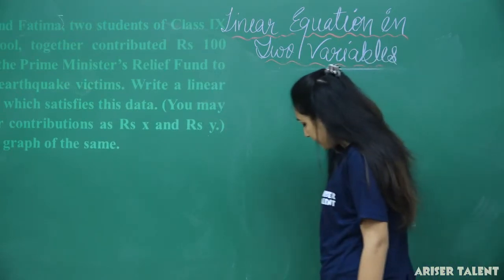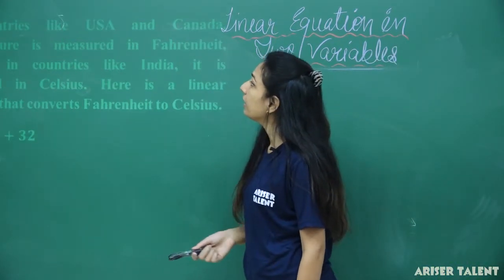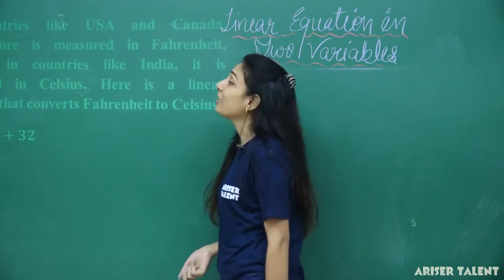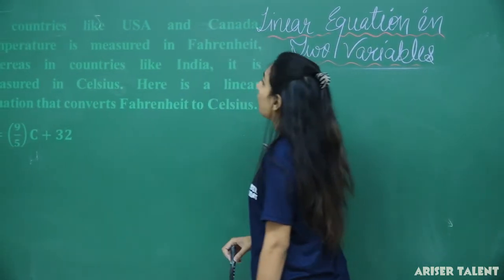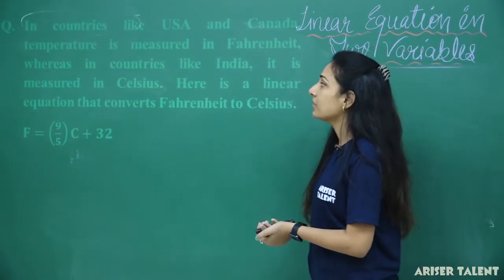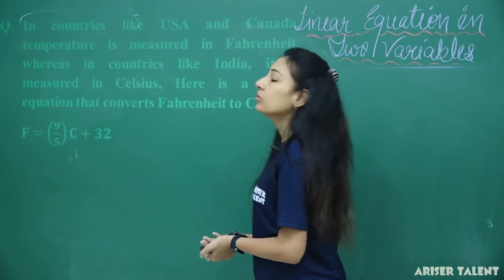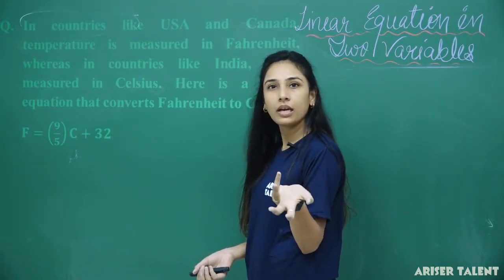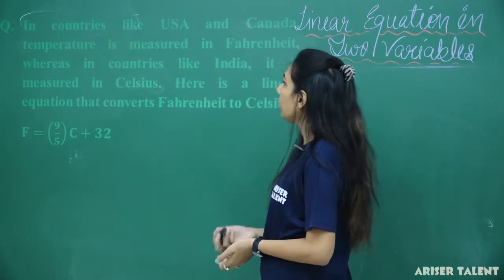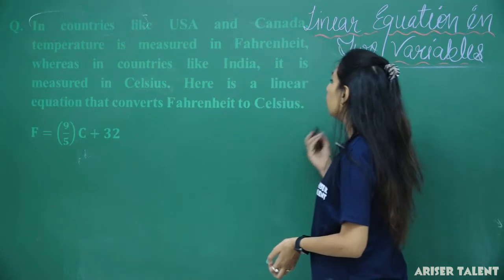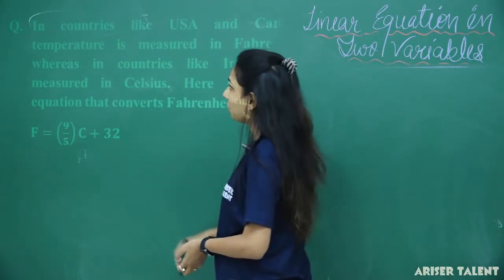Okay students, so we are having our next question here. In countries like USA and Canada, temperature is measured in Fahrenheit, whereas in countries like India, it is measured in Celsius. So what is the temperature today in your particular area? Here it is a linear equation that converts Fahrenheit to Celsius, and this is the equation given.